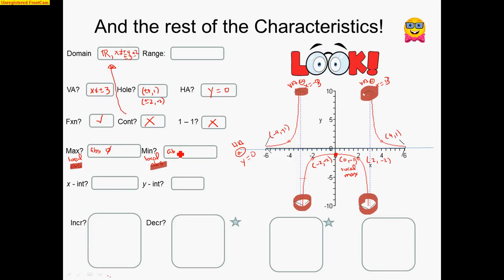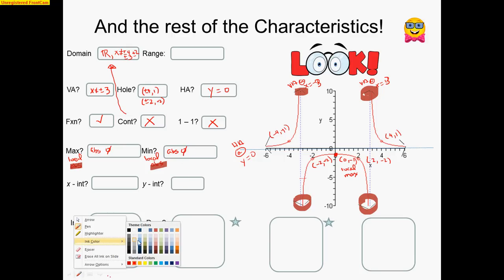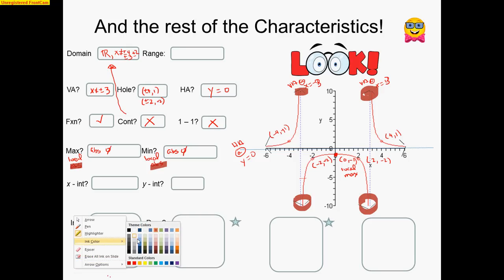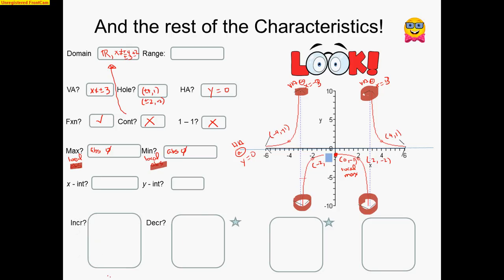No. But what about local? You have a local max. You have to tell that to me. I have a local max at -1. Do you have any local mins? No. So I have a local max.